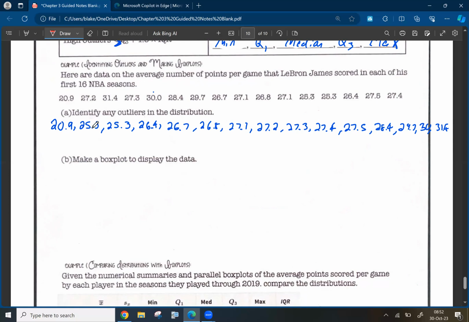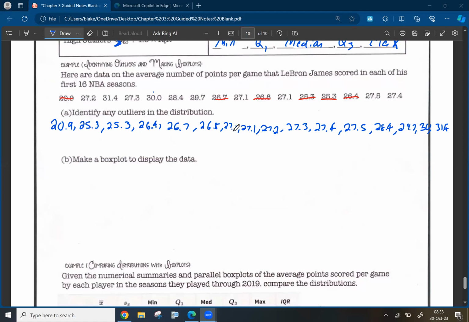Did I miss a number? I think I might have missed one. Let me see. That's going to be annoying. All right, I'll pause this real quick so I don't take up your time, but let me figure out what I did wrong. All right, I figured it out. I was missing a 27.1. There were 2 values there that are 27.1, and I only listed one of them. That was my fault. So if I count this again, there's 16 numbers here.